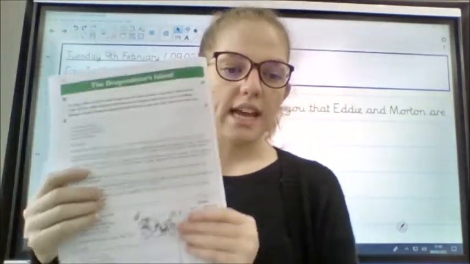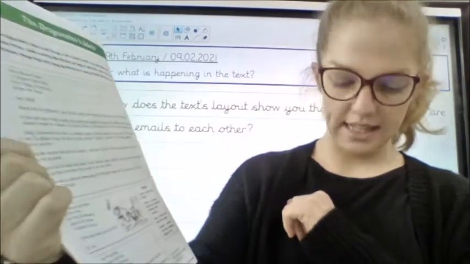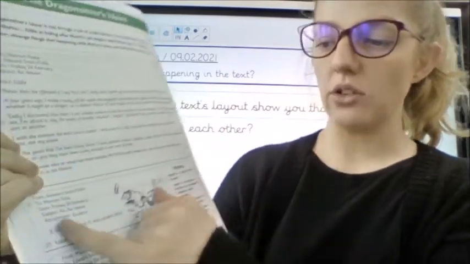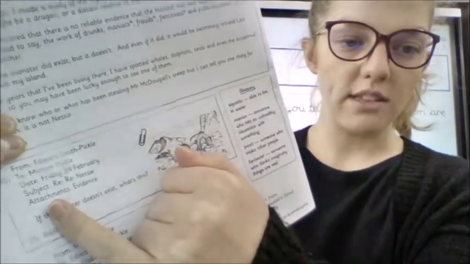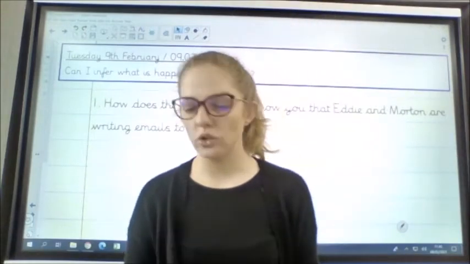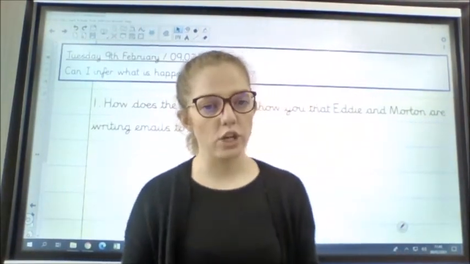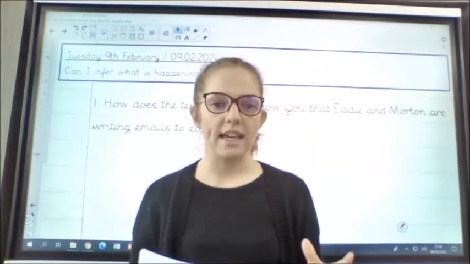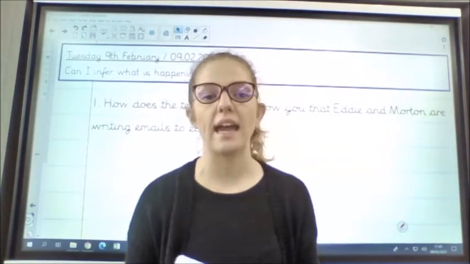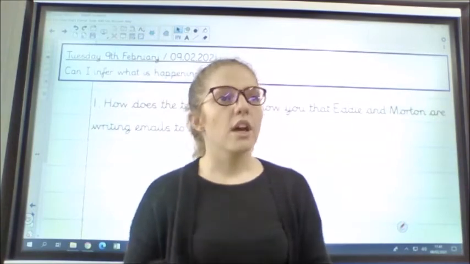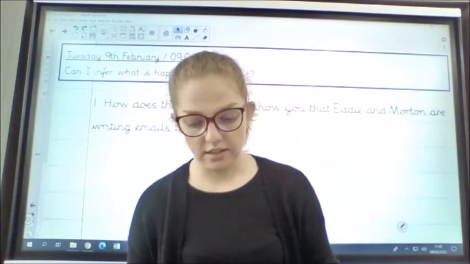Now you can also tell that it's an email. It uses emails because it says attachments. Now you can send things called attachments to an email. And they would be things like photos, Word documents, pictures, drawings, video clips. So they would be attachments.